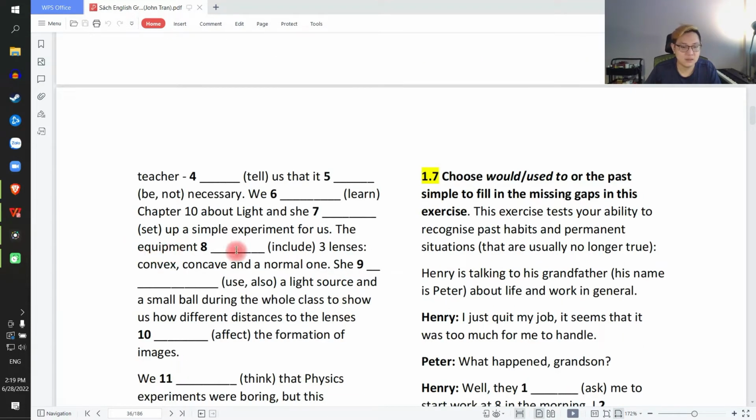The equipment included 3 lenses: convex, concave, and a normal one. She was also using a light source and a small ball during the whole class to show us how different distances to the lenses affected the formation of images.